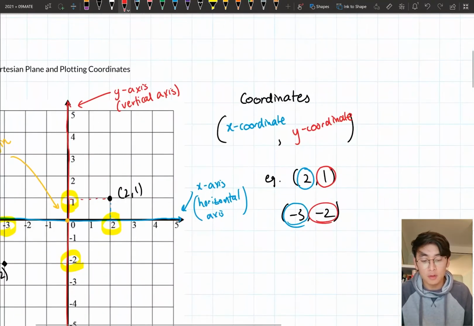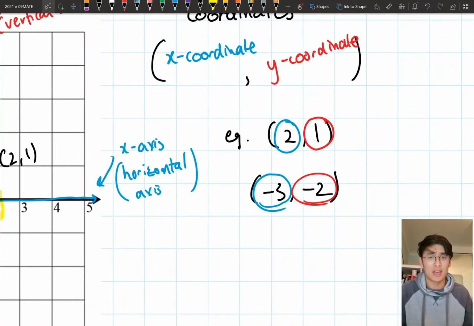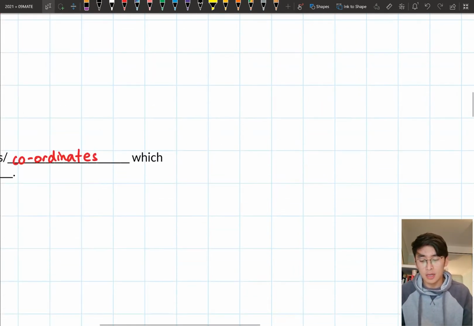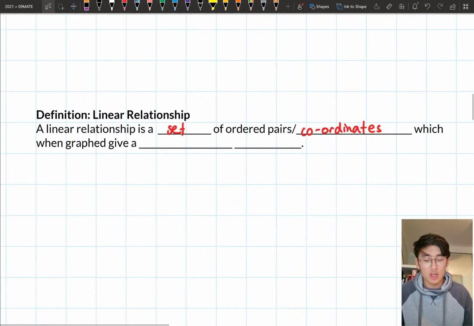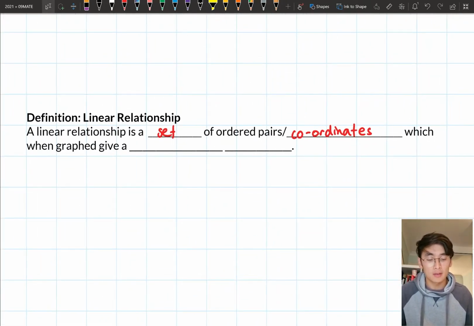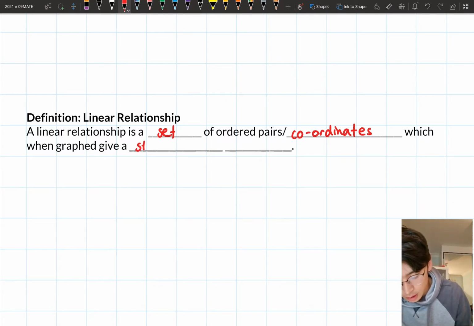We've got 2 numbers in all our coordinates, and it matters what order they come in. Our x is always first, and our y is then second. So here, a linear relationship is a set of ordered pairs or coordinates, which when graphed, gives a straight line.